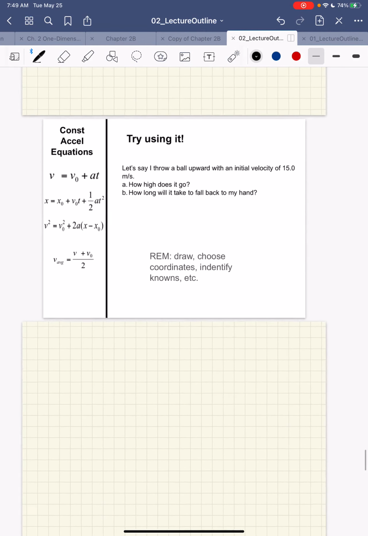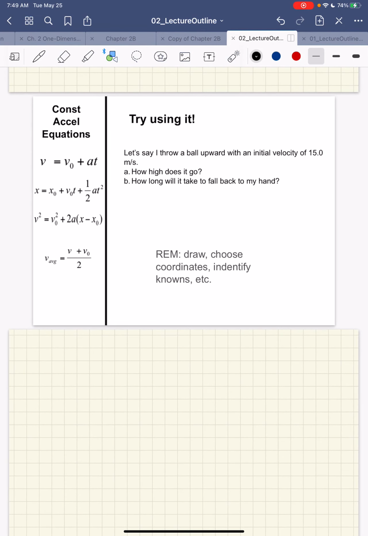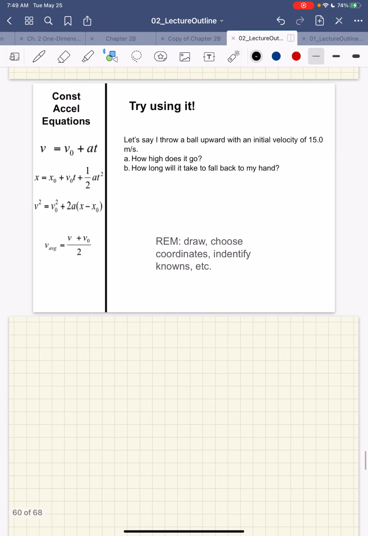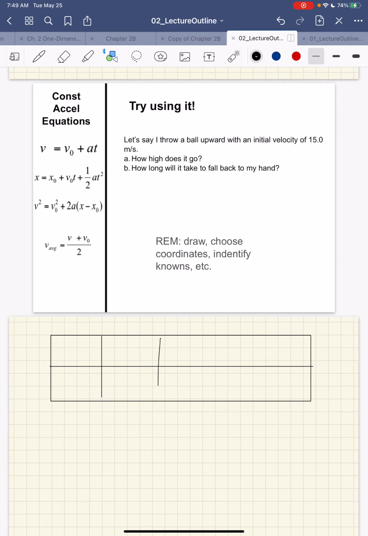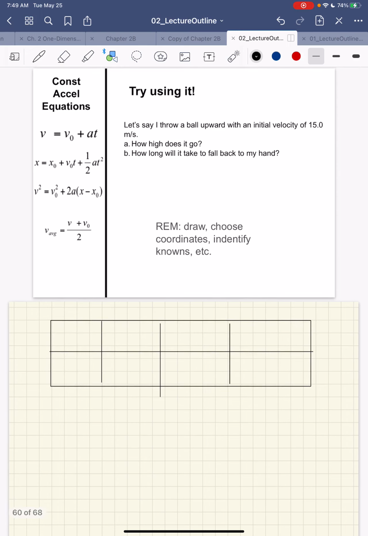In this problem, this is V0, it's upward.